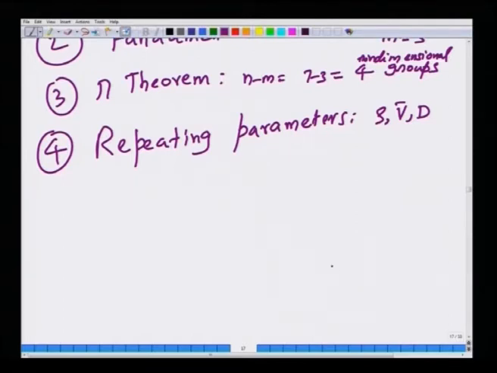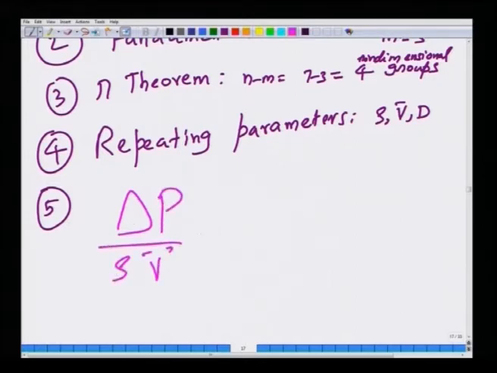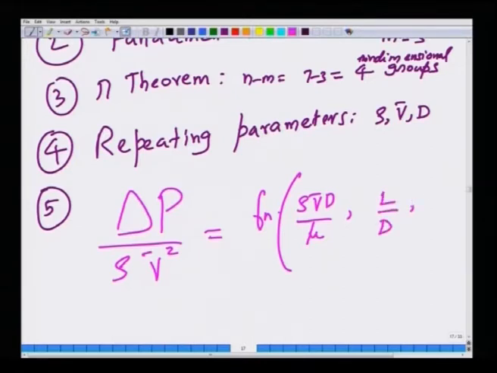Now, once you do that, we can carry out the steps that I explained in the last lecture. I will not carry out those steps in detail here, I will merely present the result. Finally, you will get delta P by rho V squared is a function of rho V bar D by mu, the Reynolds number, the length of the pipe divided by the diameter of the pipe, then the non-dimensional roughness parameter epsilon by D. Epsilon is the standard deviation of the root mean squared fluctuations of the pipe roughness, and it has dimensions of length.